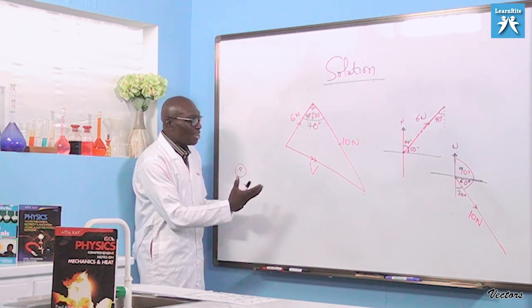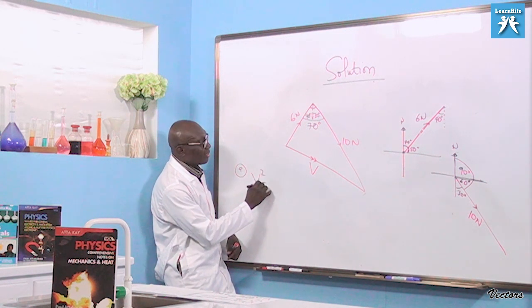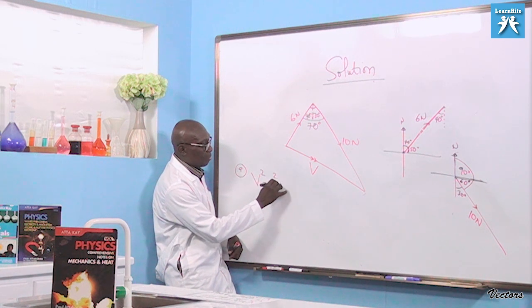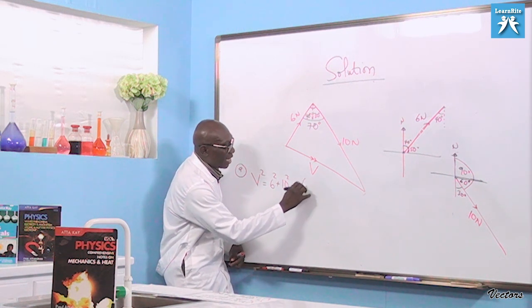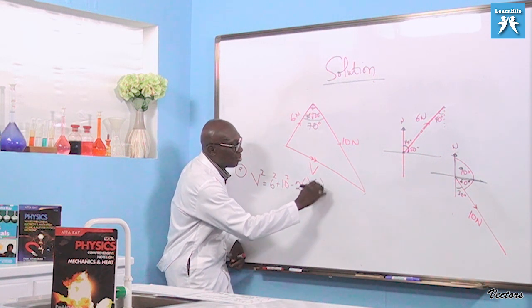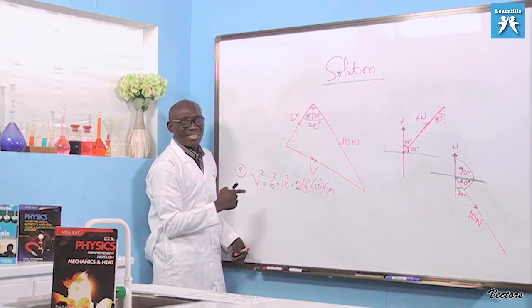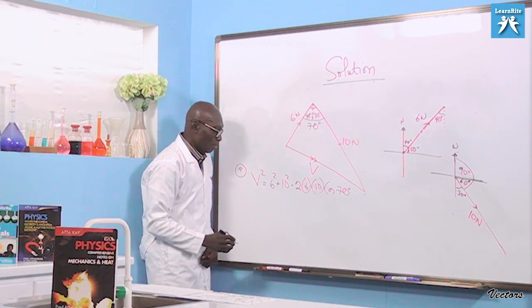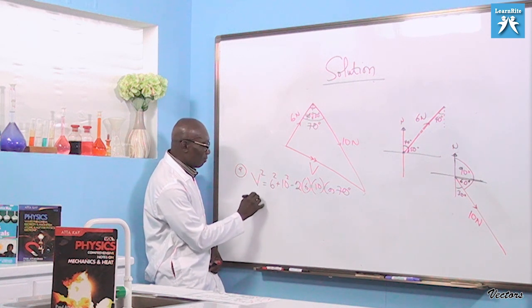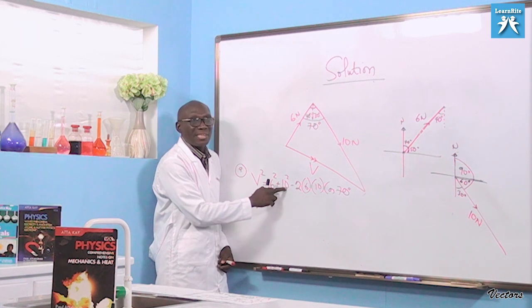And by cosine rule, v squared is equal to 6 squared plus 10 squared minus 2 times 6 times 10 cos of the angle directly opposite it, and that should be 70 degrees. When I square this one, I'm getting 36. When I square this, I'm getting 100.